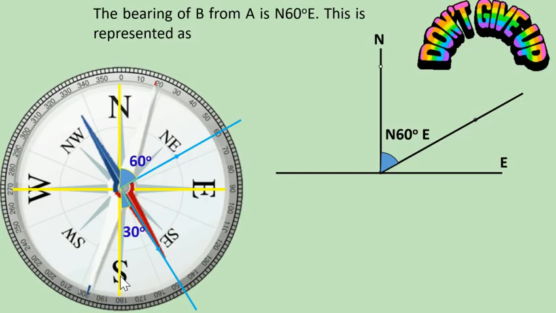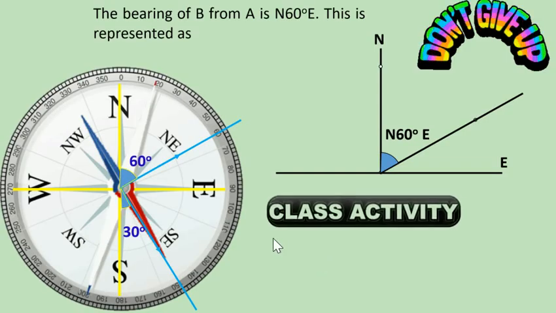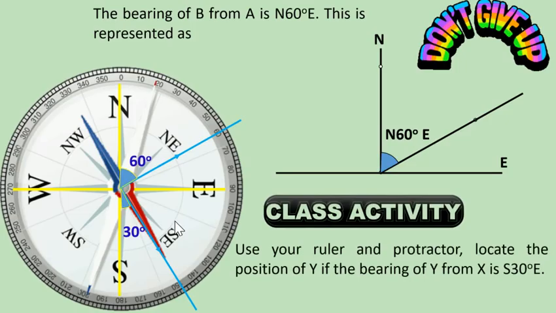So from south, we're going to move in the anti-clockwise direction to get at this position. So the remaining angle from south to the point 150 will be 30. In our acute angle format, that is written as south 30 degree west. So that's how we write it.